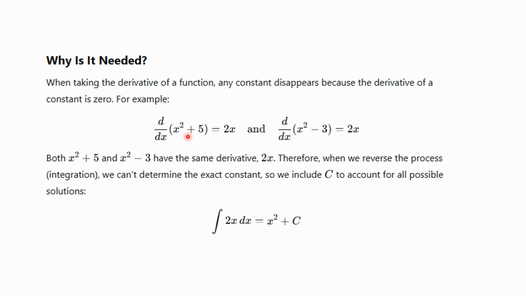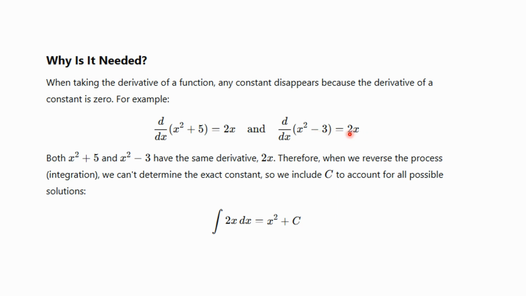The constant disappears. This 5 disappears. If you're taking the derivative of the function x squared minus 3, then the derivative would be 2x. So you can see here the derivative of x squared plus 5 is 2x. The derivative of x squared minus 3 is 2x.